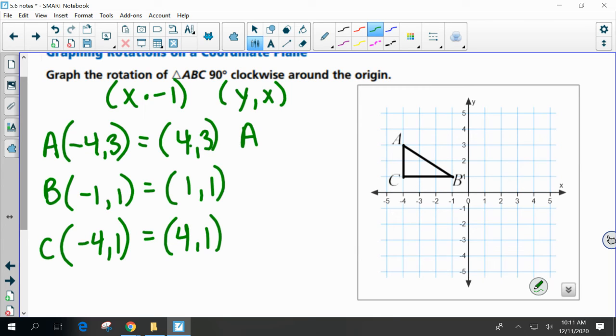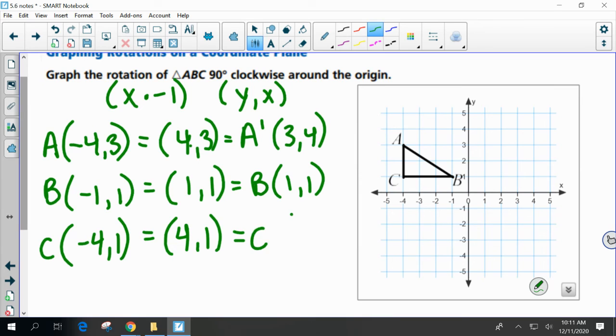So A prime would be 3, 4 now. B prime would stay 1, 1, because it doesn't matter if you flip it. And C prime would become 1, 4. And then I'm going to graph that.